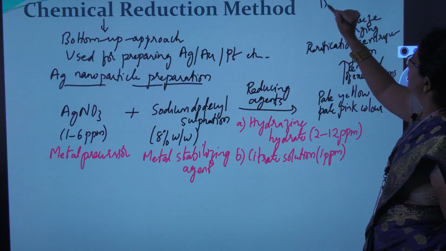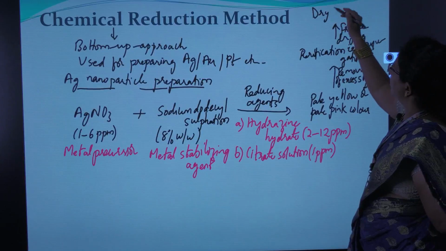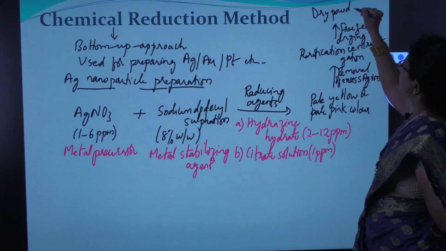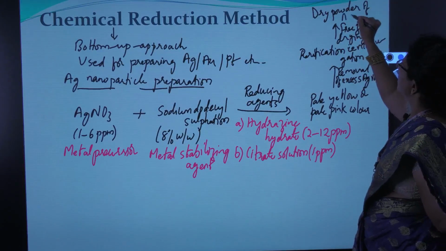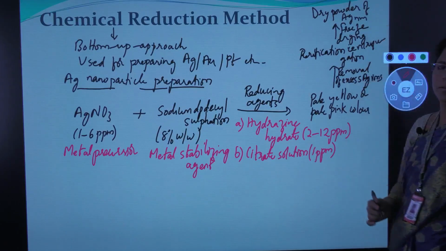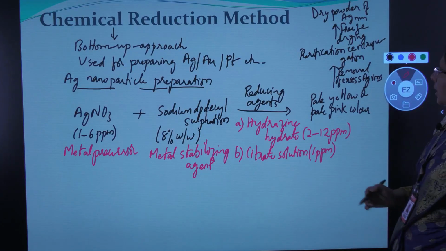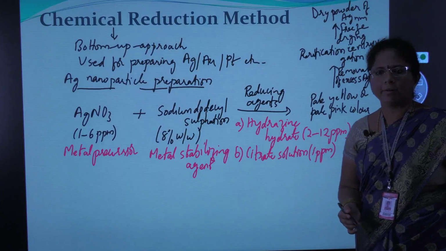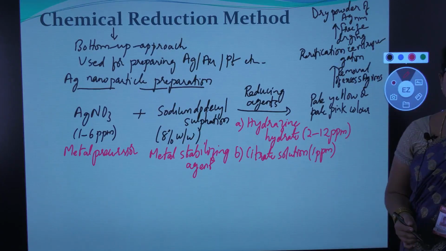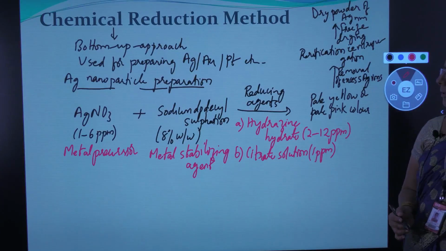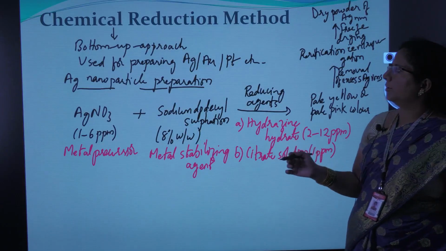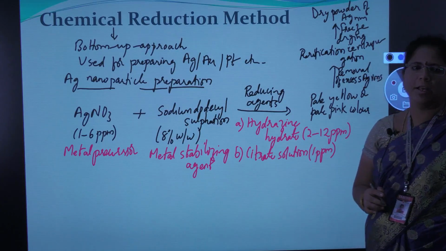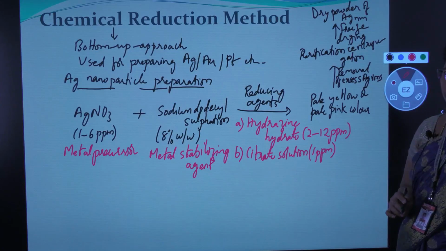You will get dry powder of silver nanoparticles, and these can be characterized by using UV and X-ray crystallography studies. So these are the 2 preparation methods for nanomaterials using the bottom-up approach.